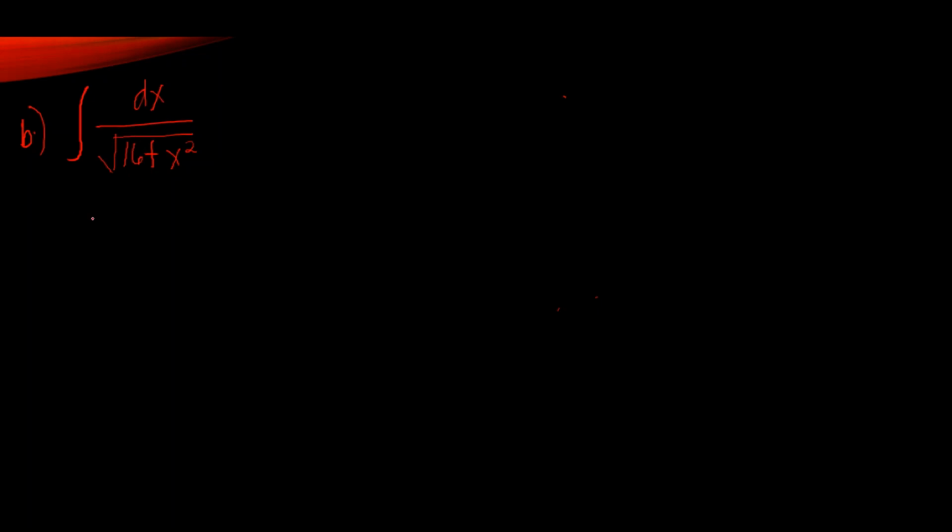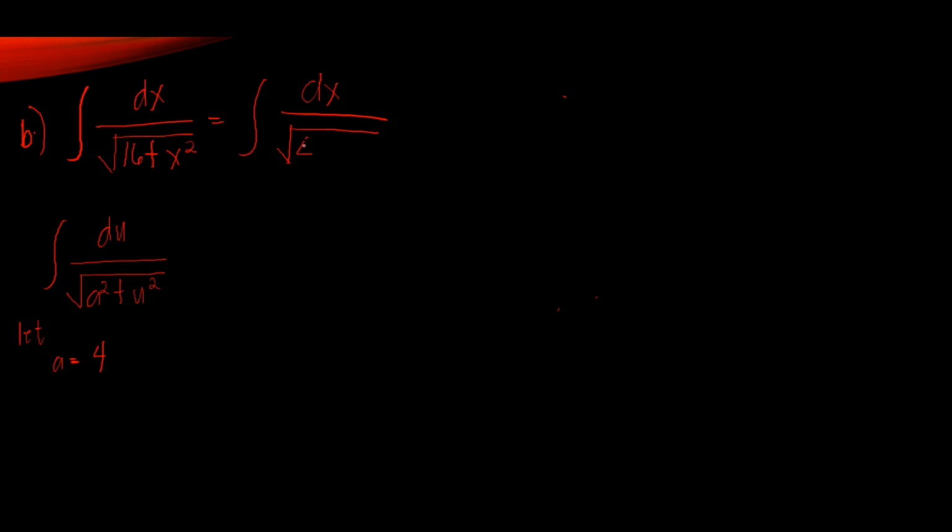So, from your formula sheet, we have the integral of du over the square root of a squared plus u squared. So, mag-let a tayo. Let a be equal to 4. Okay, so pwedeng i-write to as the integral of dx over the square root of 4 squared plus x squared.